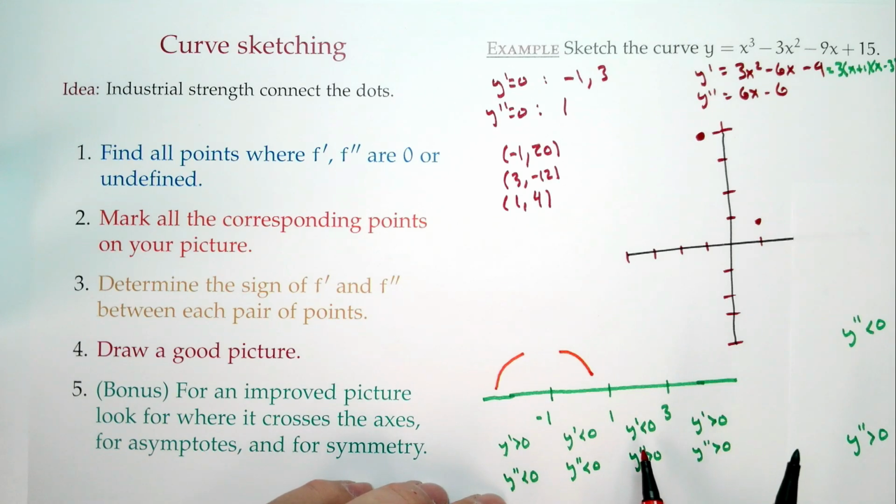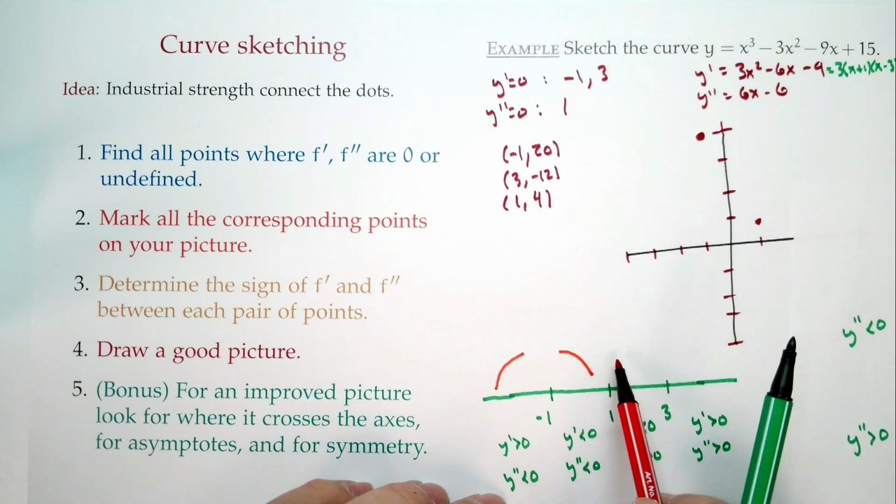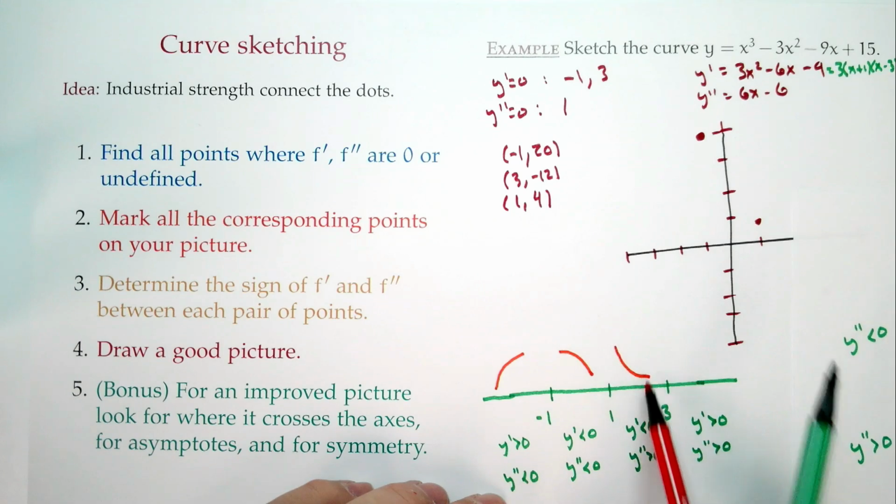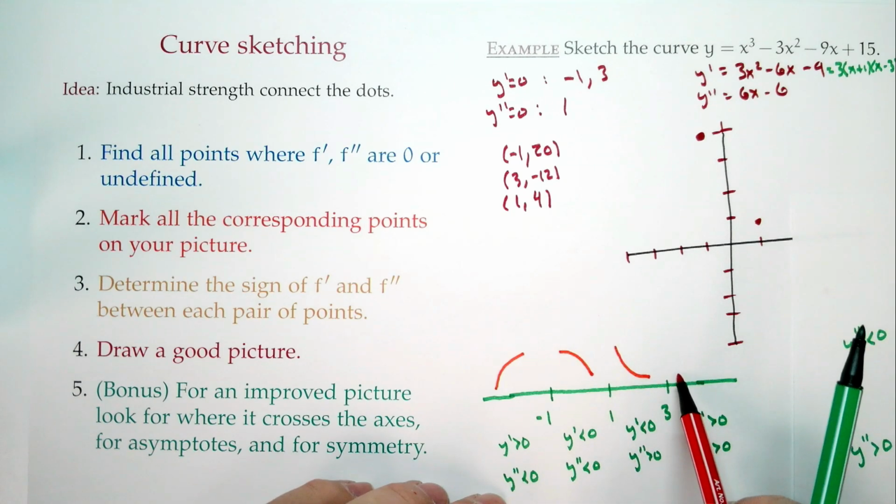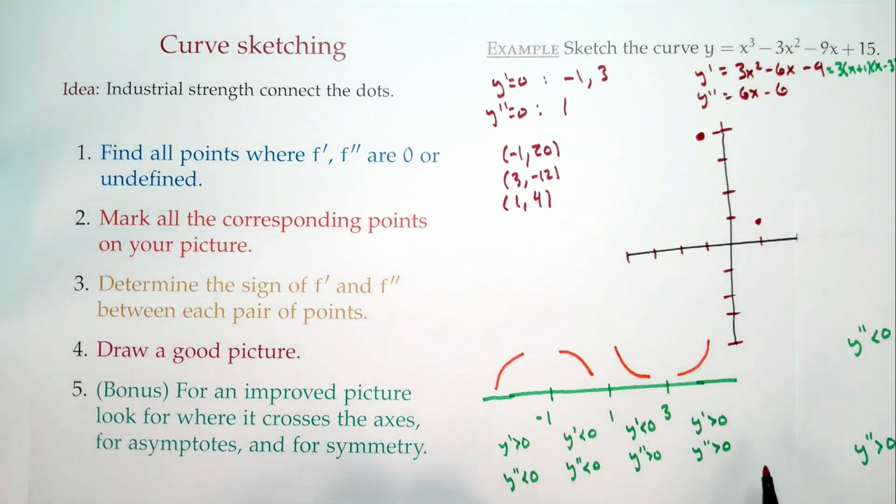If the first derivative is negative but the second derivative is positive, we have this kind of shape. And if we're both positive, we have this kind of shape. So the information about the first and second derivative is really information about the shape of the curve. And that's good to know. So that was this third step, trying to understand these basic pieces.